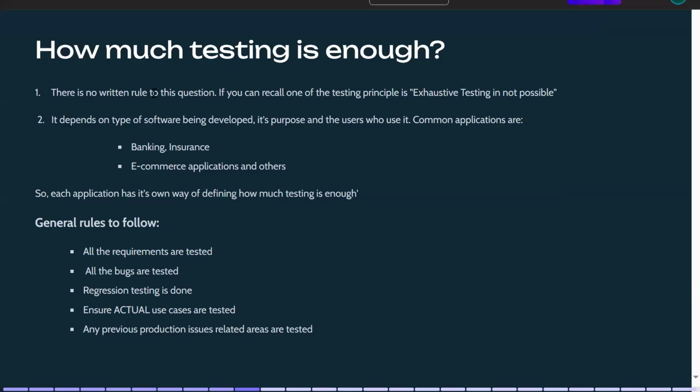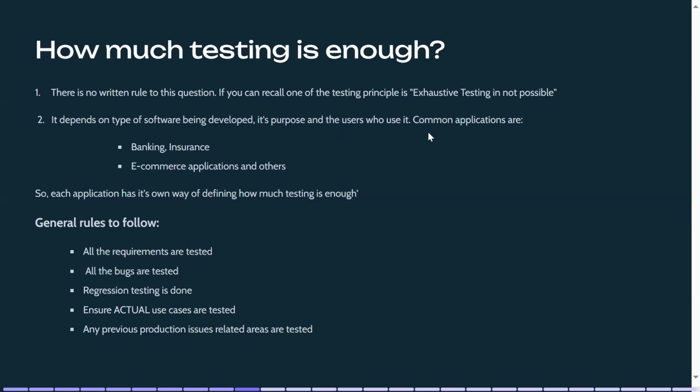That means there is no rule for that. If you recall, one of our testing principles is that exhaustive testing is not possible. Exactly. So it depends on the type of software being developed, its purpose, and the user who uses it.